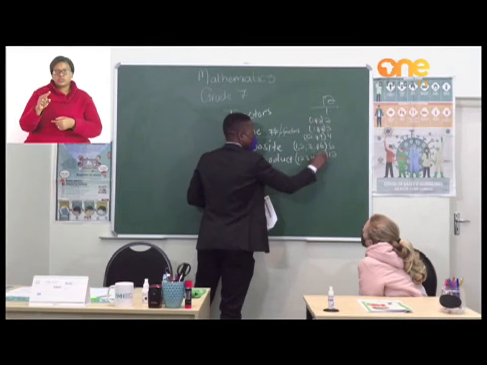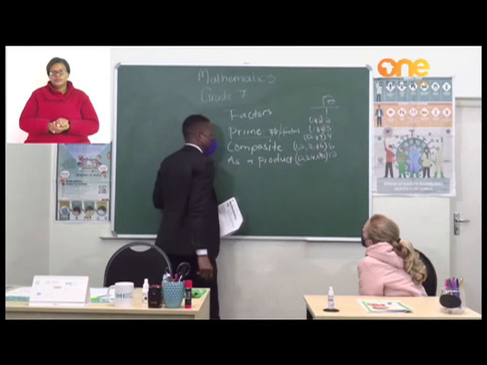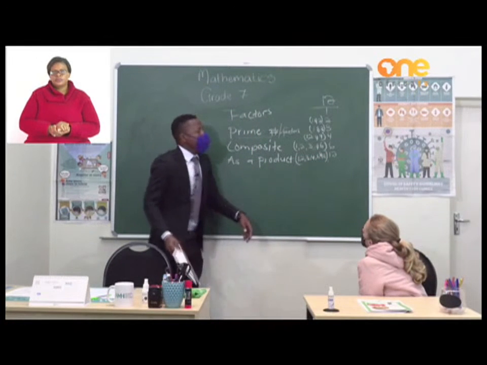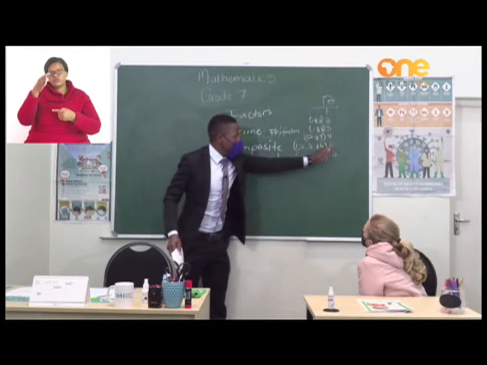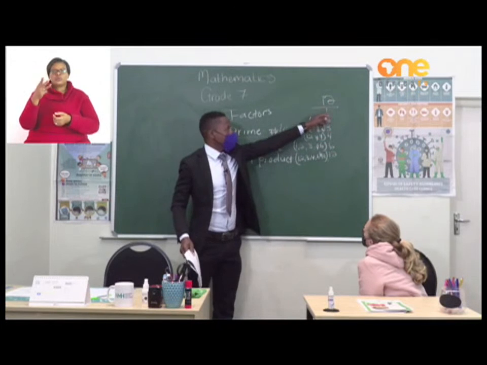So the factors of 12 are 1, 2, 3, 4, 6, and 12. I don't have enough space here, so we have them listed there. There are 6.